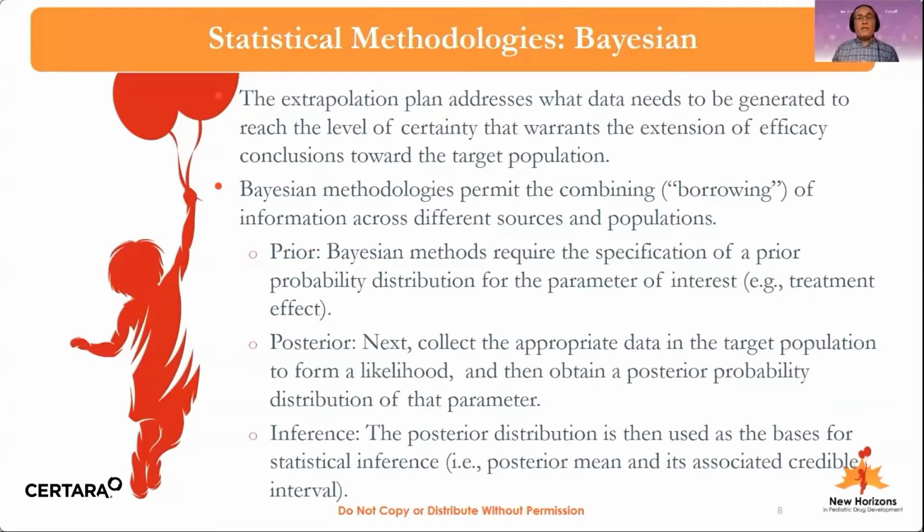So say we are interested in estimating a treatment effect theta in a pediatric population. With a frequentist approach, one would maximize the likelihood of this treatment parameter theta given the collected data. Rather than simply maximizing this likelihood function to find a point estimate for theta, Bayesian methods instead add a prior distribution, summarizing what is known about the treatment parameter before data collection.